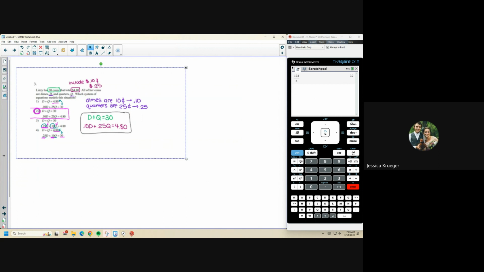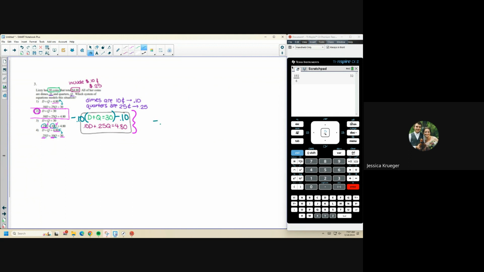Here's the next one. This was the quarter question, quarters and dimes. So here's my system that we came up with. Because my D's, Q's, equals, and numbers are all lined up, I'm going to use elimination on this one. I can choose to eliminate the D or the Q. Doesn't matter. In this case, I'm going to eliminate the D by multiplying the top by negative 0.10 on both sides.